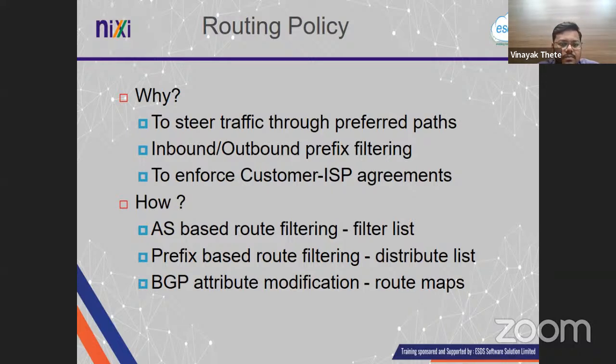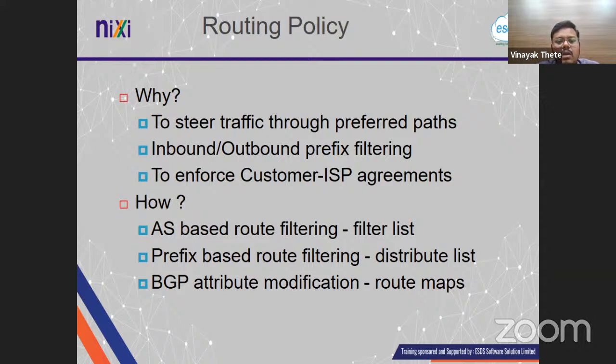Okay, so why is routing policy required? It is required for making the traffic traverse through the preferred path. It is within our hands. Or inbound and outbound prefix filtering can be done in routing policy, or to enforce customer ISP agreements.